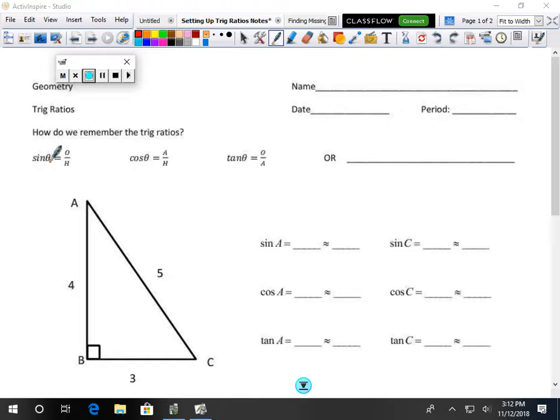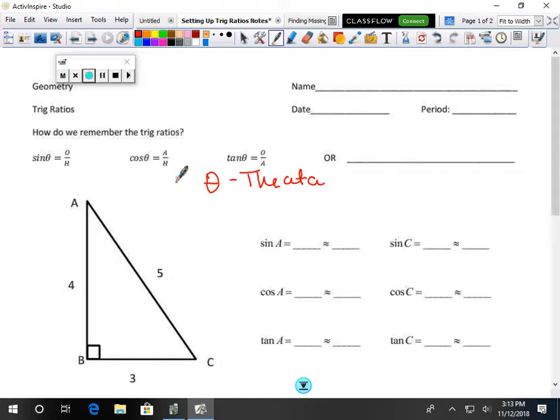Okay, so this symbol right here in front of our trig, sine, cosine, and tangent, this symbol is theta, and it is a Greek letter that we use here in geometry to indicate whenever we're talking about an angle.